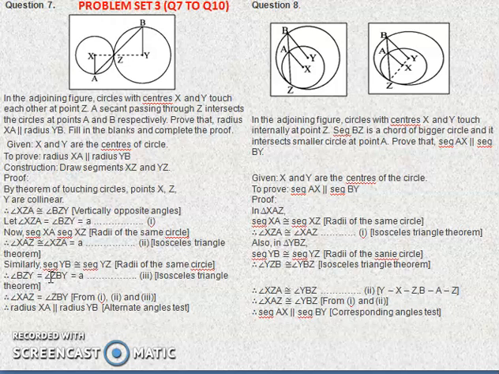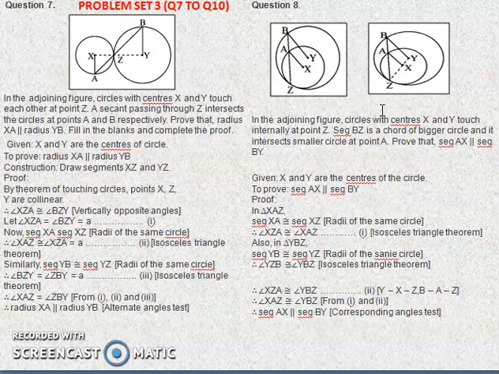Angle BZY equals angle ZBY equals A. That is the isosceles triangle theorem only. So from equations 1, 2 and 3, we can conclude that angle XZA equals angle ZBY. Therefore, radius XA is parallel to radius YB because of the alternate angle test.